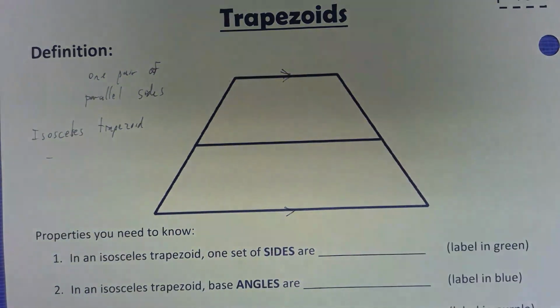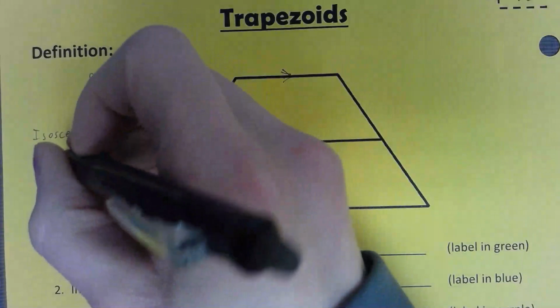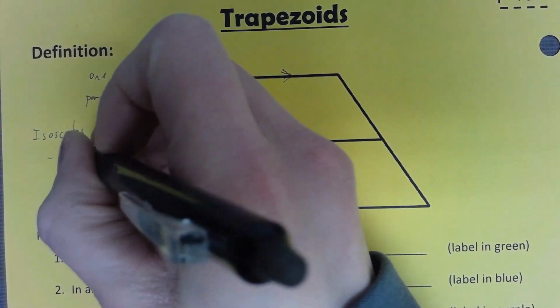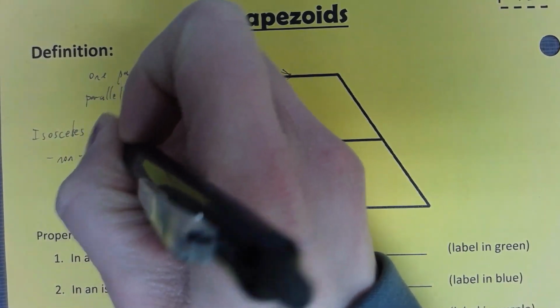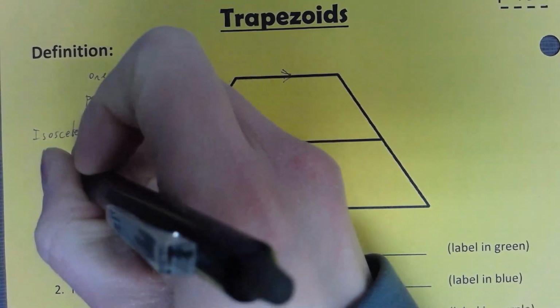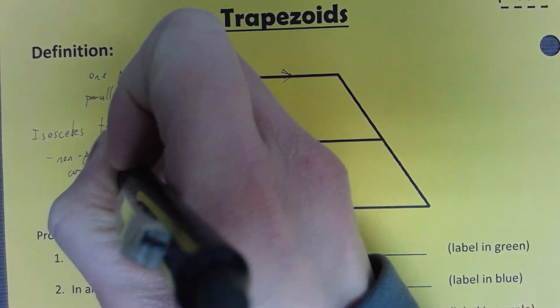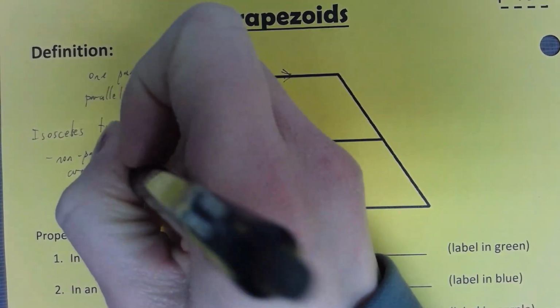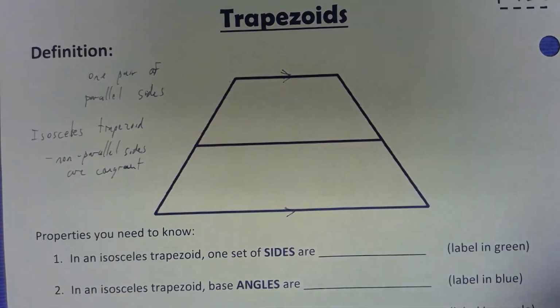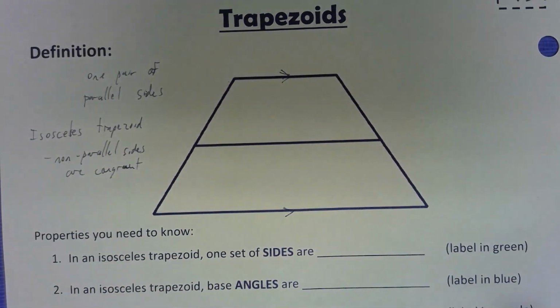The non-parallel sides are congruent. That's what makes this isosceles.